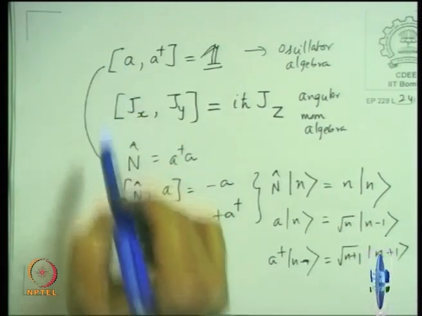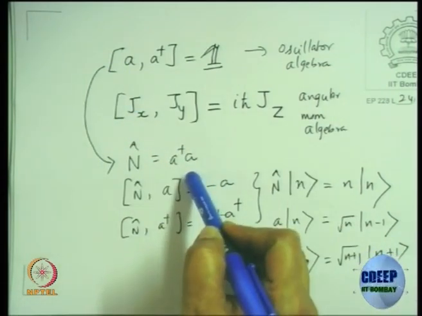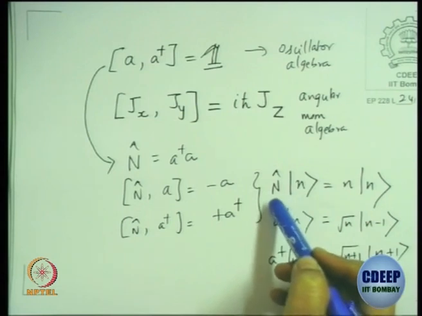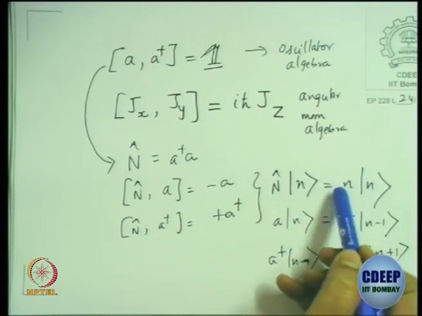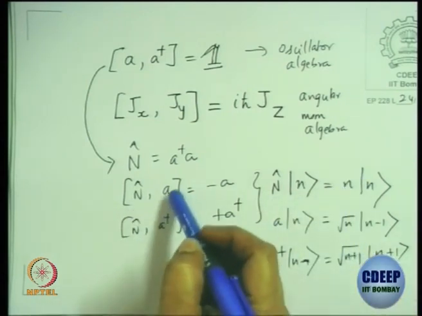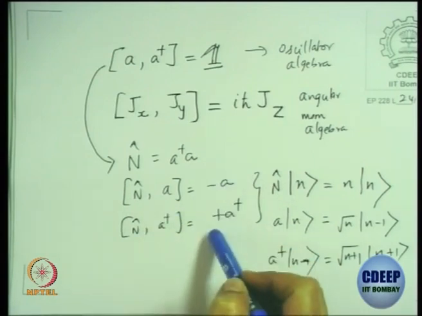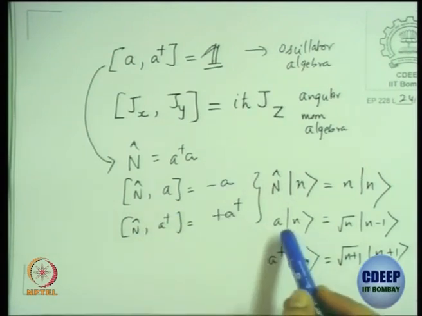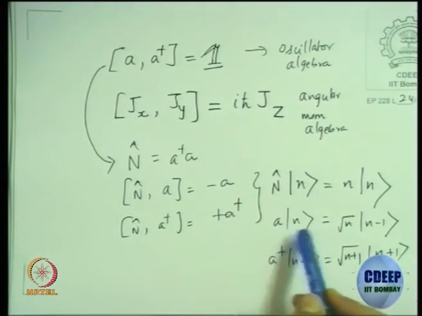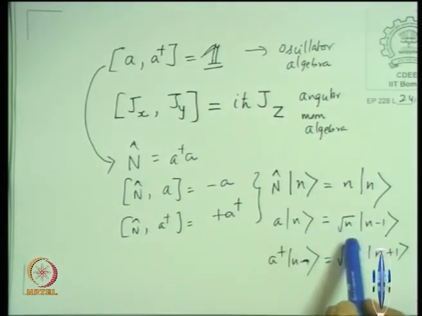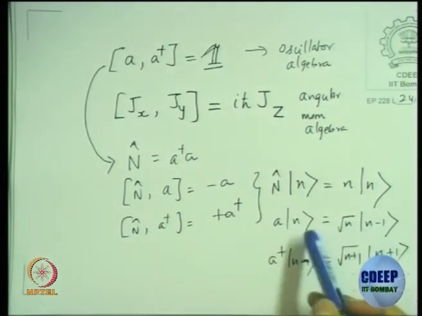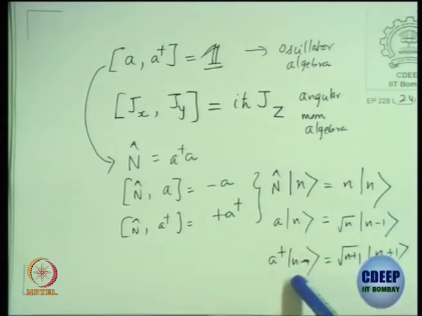The number operator has eigenstate n with eigenvalue n, and with the number operator the two ladder operators have this commutator relation, and from this we can determine that A on n gives square root of n times n minus 1, it is a lowering operator, and similarly A dagger is a raising operator.